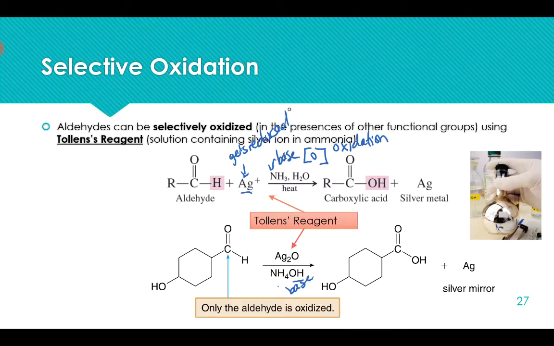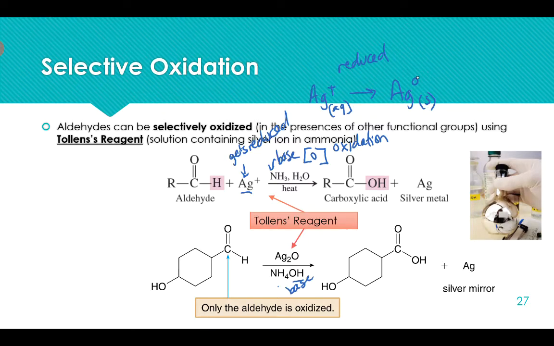It goes from being a +1 oxidation state to being a 0 oxidation state. Oxidation and reduction technically always happen in pairs. So if our organic molecule is getting oxidized, something else is getting reduced. The silver getting reduced means it goes from an aqueous ion to a neutral metal.